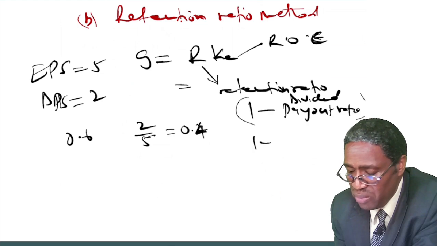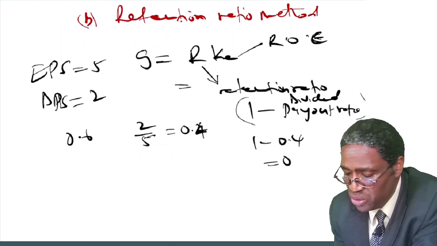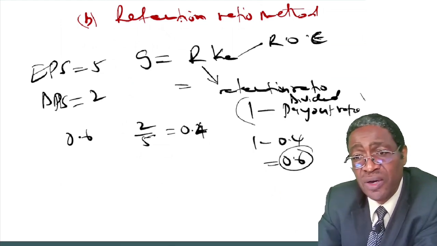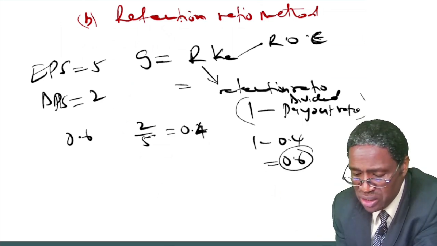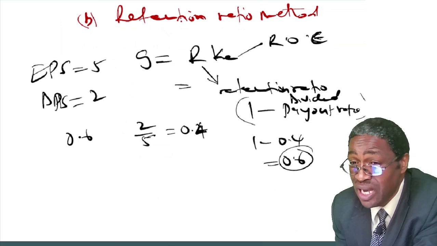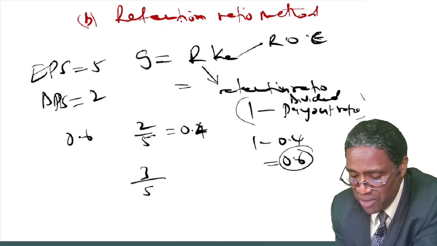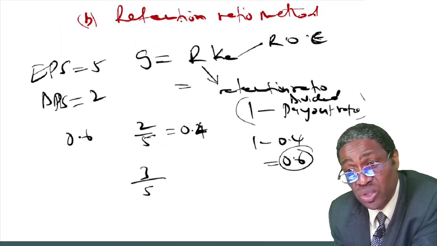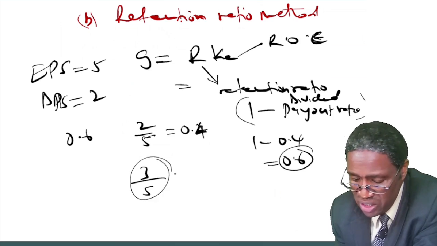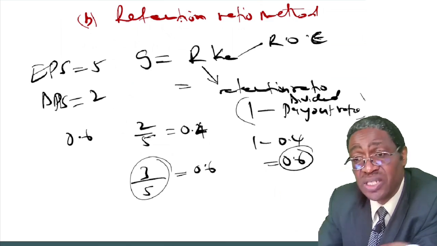When I take 1 minus 0.4, that leaves me with 0.6, which is the same as the retained amount of 3 shillings divided by 5 out of the earnings. That gives me a retention ratio of 0.6.